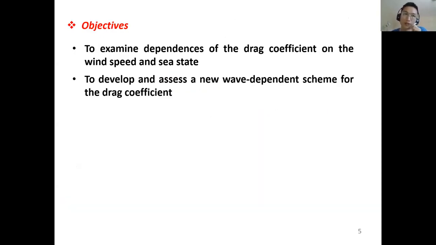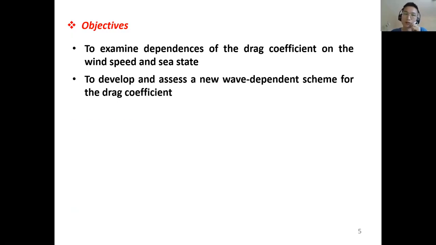The first one is to examine the dependencies of the drag coefficient on the wind speed and the sea state. Based on these understandings, the more important one is to develop a new wave-dependent scheme for the drag coefficient, which can well represent the wind stress at the sea surface under different sea states.